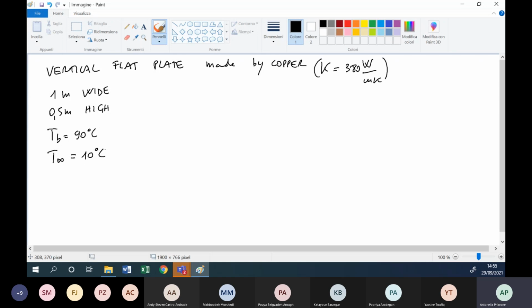I apply on the plate 34 rectangular fins according to the sketch I show you now.